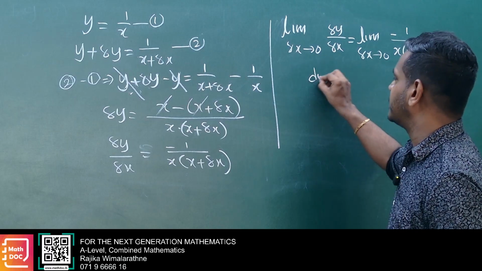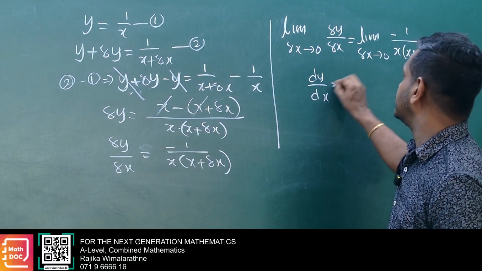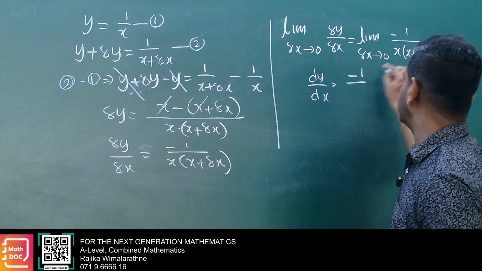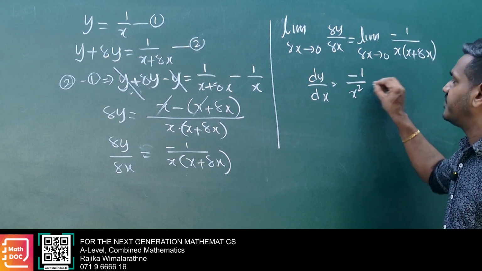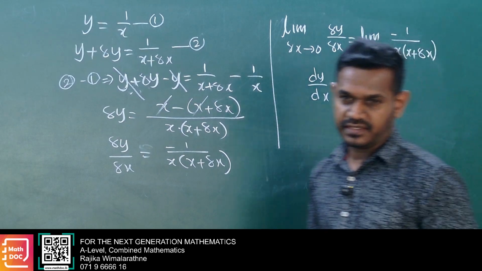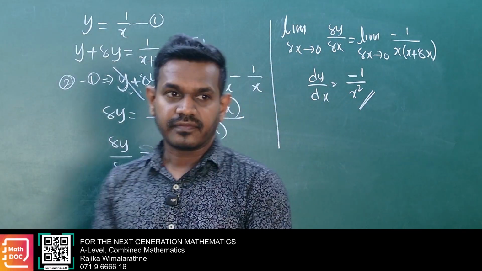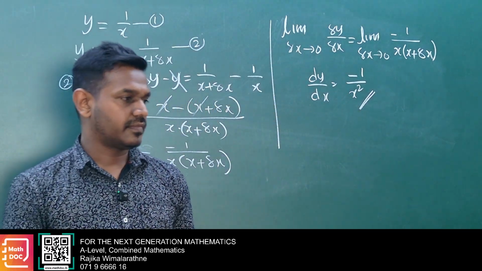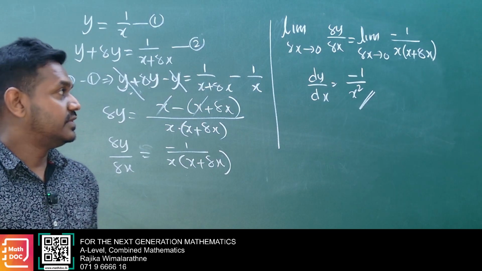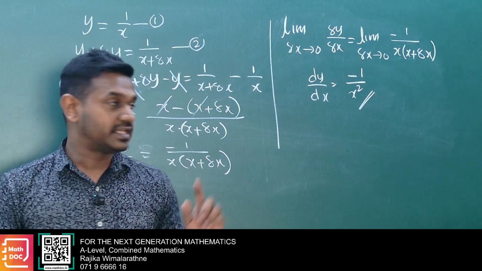Now say dy over dx: minus 1 over x times x, so minus 1 over x squared. Okay. Don't miss steps. Write all the steps one by one.